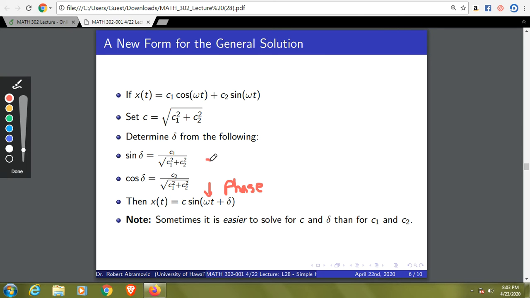And 2 pi over omega is going to be the period. So omega is where you get the period, and you have period and a phase. That's important for harmonic motion and its applications in physics.